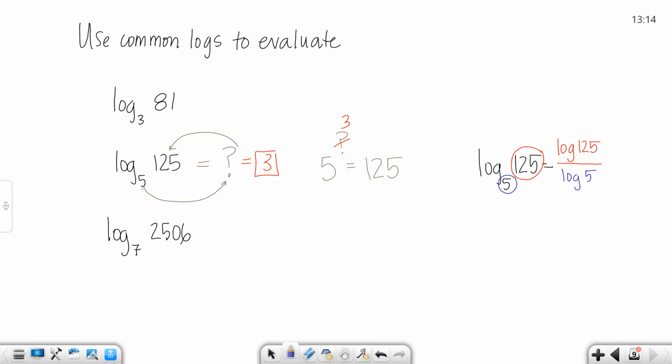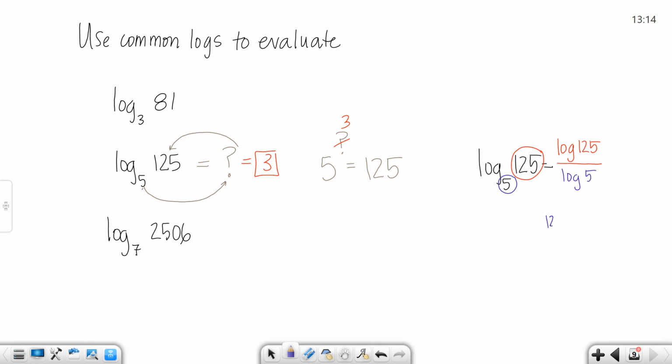It does not matter if you use the LOG key or the LN key. Either one would work. Just make sure you stay consistent and use the same one every time. Now let's talk about different calculators. Right now I'm using the TI-30XA.